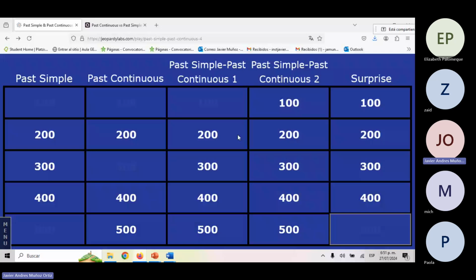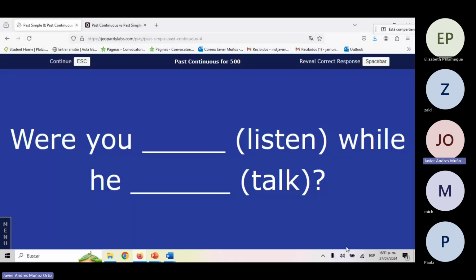Okay, column 2, past continuous 500, and the answer is, were you while he.